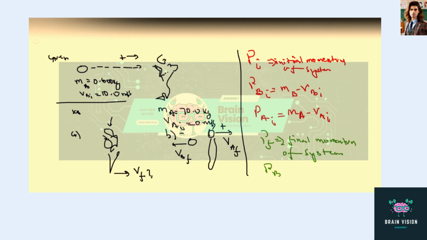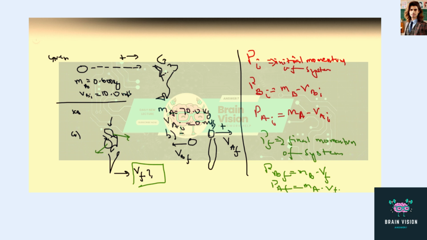The ball's final momentum is the mass of the ball times the final velocity, which is a common velocity. We don't have any distinct velocity between the ball and you, so we're just calling that VF, V final. And your final momentum is your mass times that velocity. So this is the information we're given.